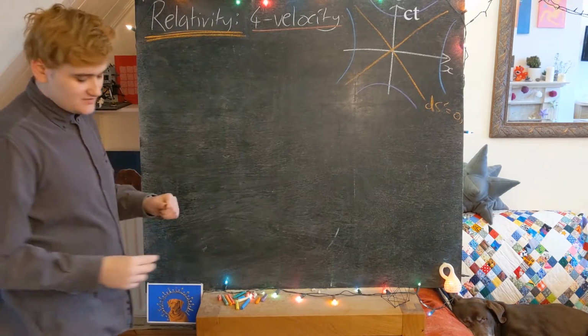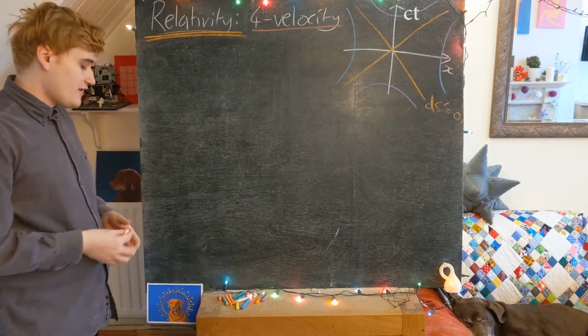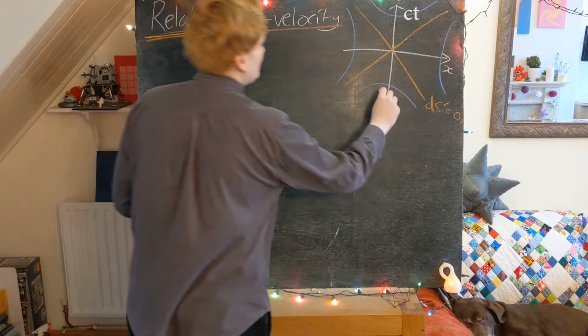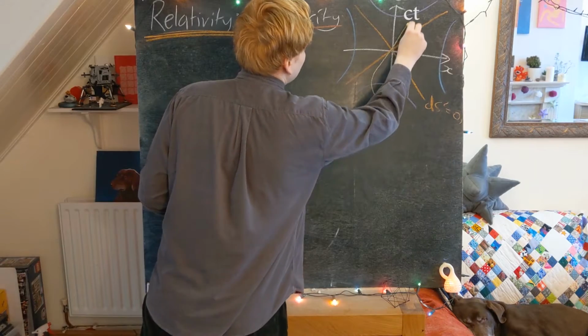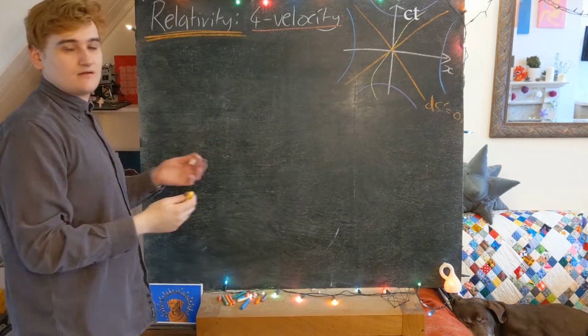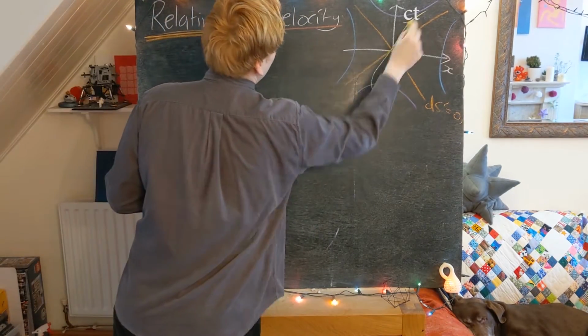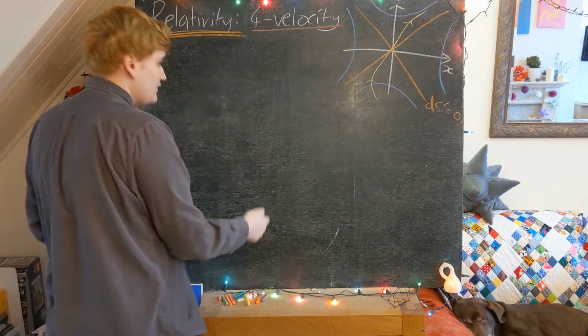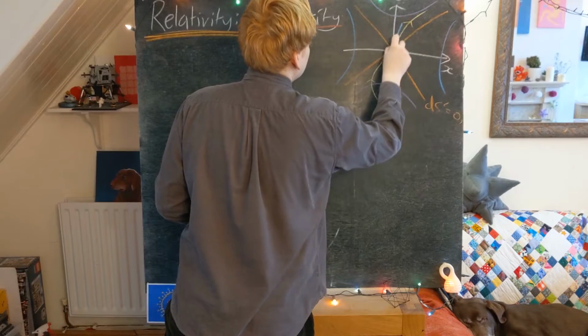So this is just our space-time diagram, and now we're going to consider any world line, and just for simplicity let's let that world line pass through the origin, and let's look at the forward velocity vector to this world line.